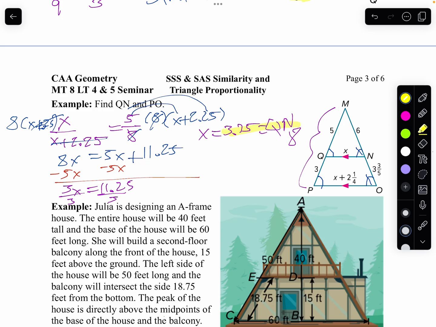So QN is 3.75, but then I want to find P to Q. So P to Q is going to be 3.75 plus 2.25. I'll get P to Q is 6.